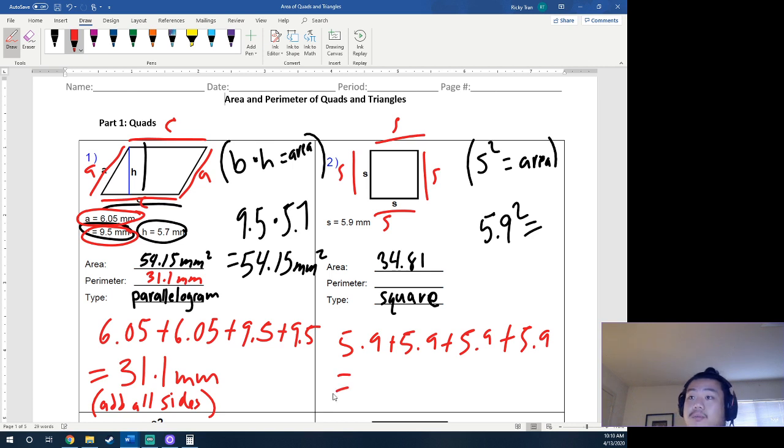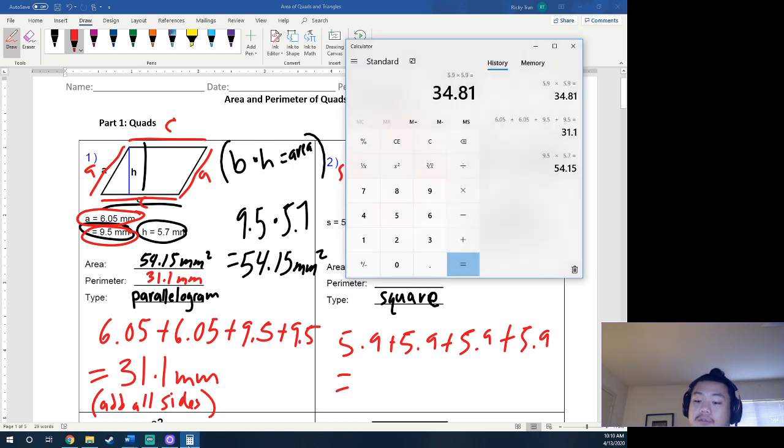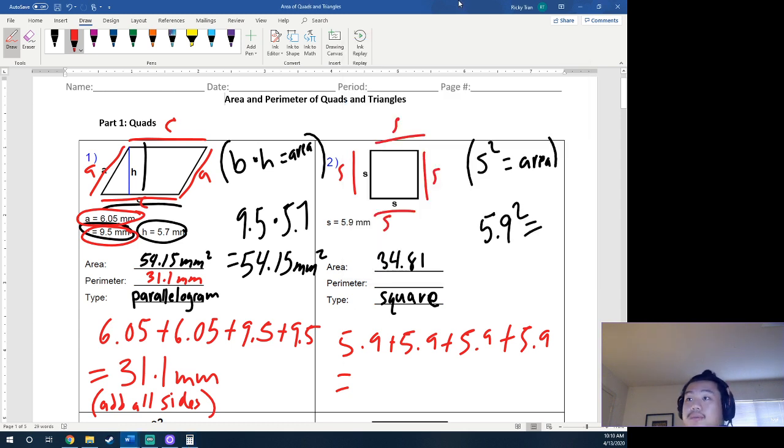This is the same as 5.9 times 4, or 23.6. Oh, I forgot to add my units.